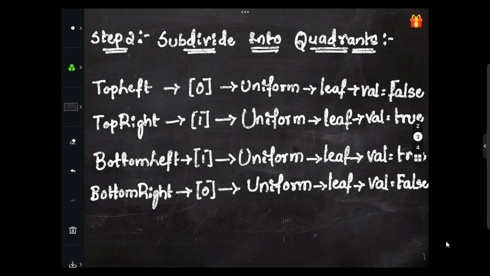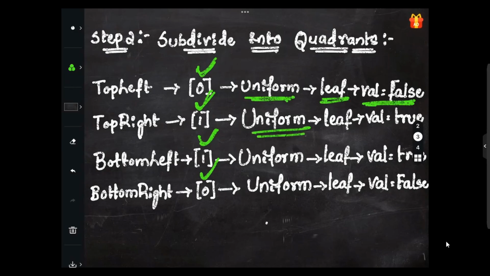So the second step is to subdivide into quadrants: top left, top right, bottom left, and bottom right. For the top left, we consider 0. We have the values 0 1 1 0, the first example we have considered. For the top left, this is a uniform leaf with value false.